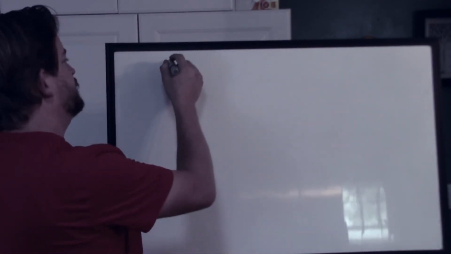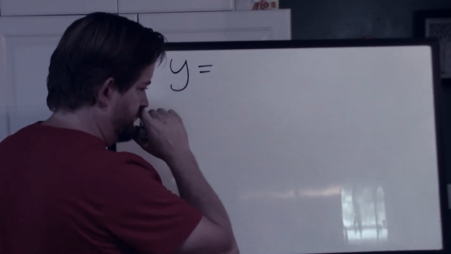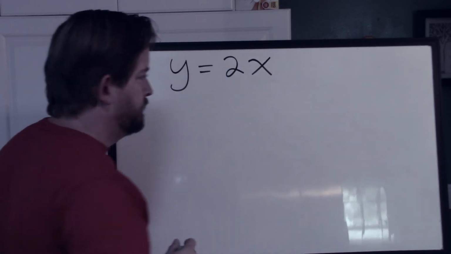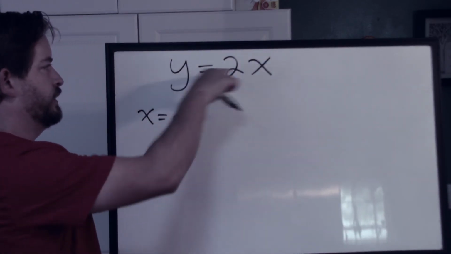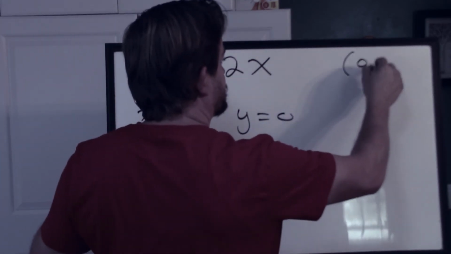The first not awesomely nice example I want to talk about is, what if we have something like y equals 2x? If I let x equal 0, then I get y equals 0, and that's a point, the point (0, 0).